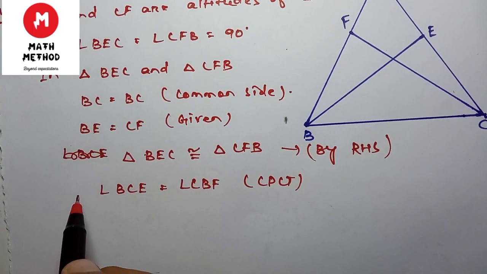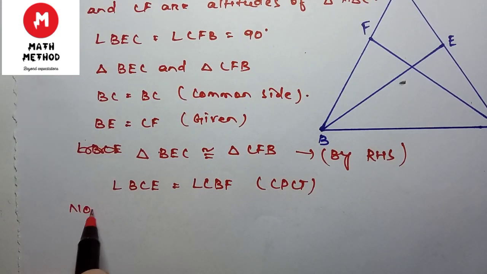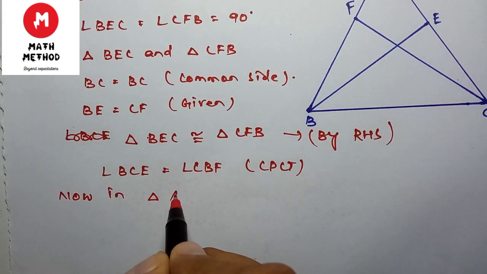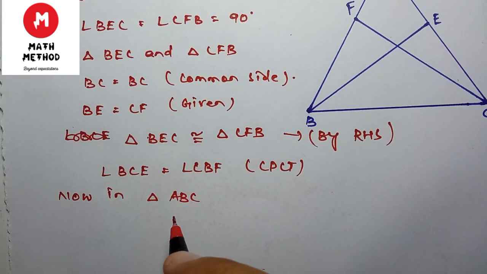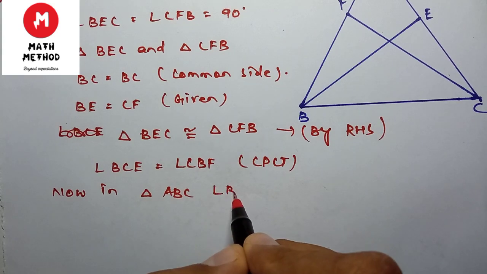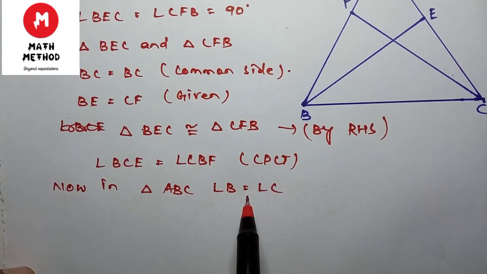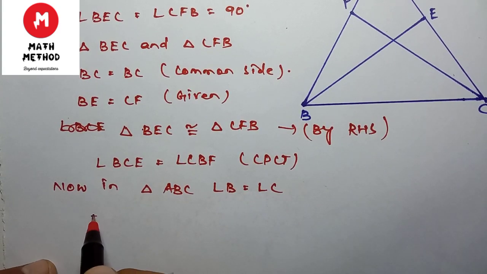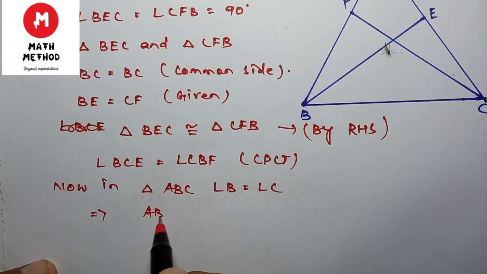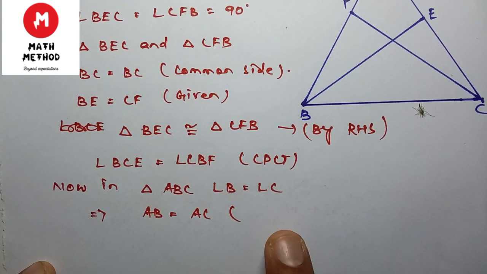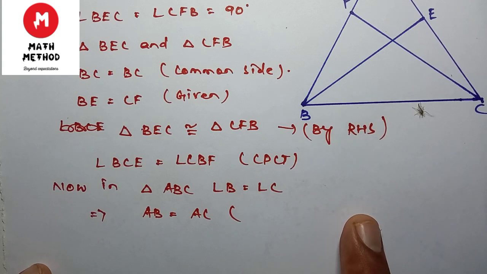So now in triangle ABC, here angle B is equal to angle C. So if angle B is equal to angle C, implies AB is equal to AC, because the sides opposite to equal angles are equal.